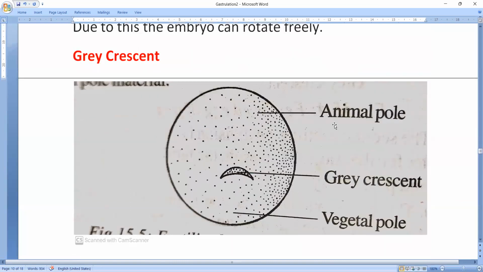An important structure or term in the frog's development is the gray crescent. Crescent means a half-moon. A gray-colored crescent is only seen in the frog's development.